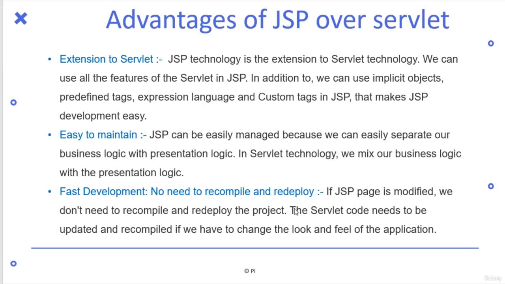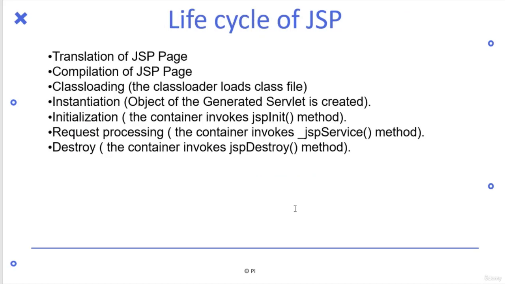For this project, we are going to create servlets and JSP. While using JSP, there is no need to redeploy, but for the servlet part, you have to redeploy and recompile everything. You will see that I'm recompiling and rebuilding the project again and again, but it's just for the servlet code. So what is the life cycle of a JSP page?